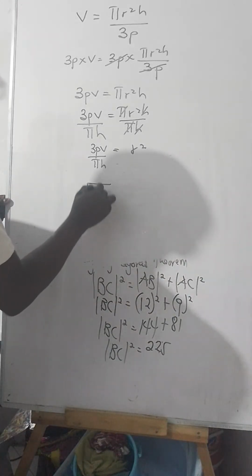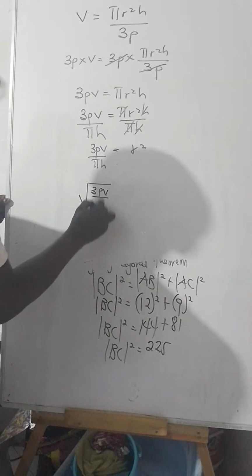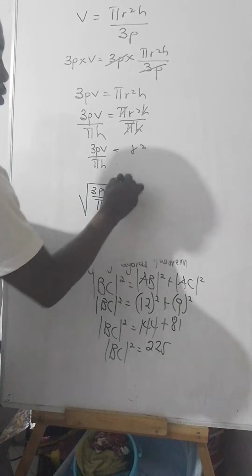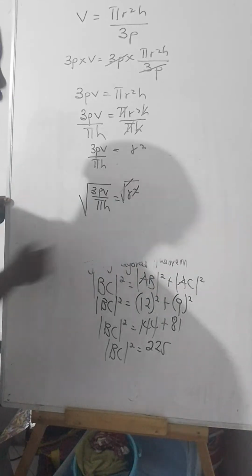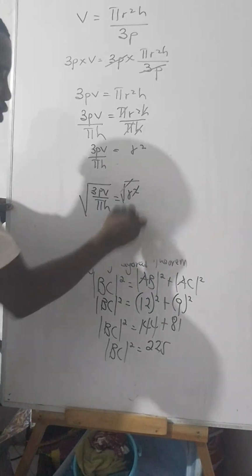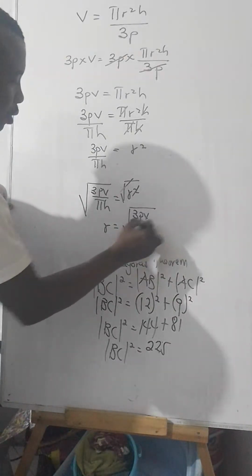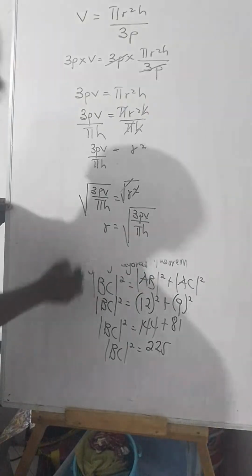So 3pV on pi h, and the square root of r squared. So you can see this. You get your r to be the square root of 3pV on pi h.